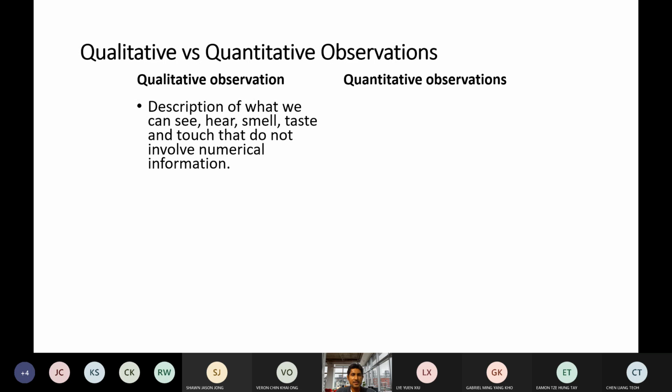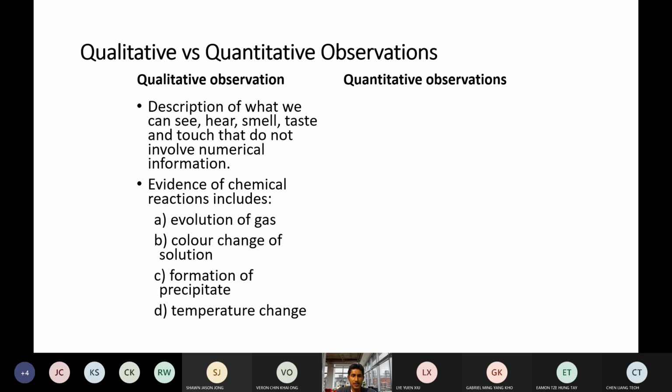Those are the qualitative things. But those which involve measurement, I can show you, I can prove to you that I'm claiming this is big, this is small, this is high, this is hot, this is cold. I can prove it to you in that way.